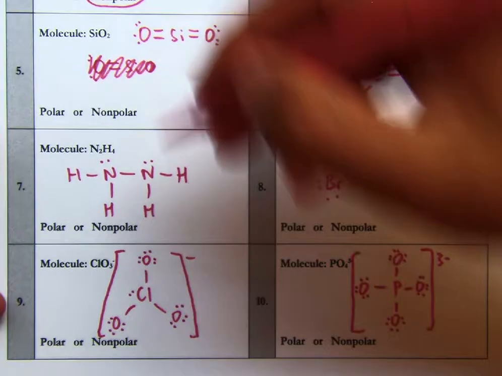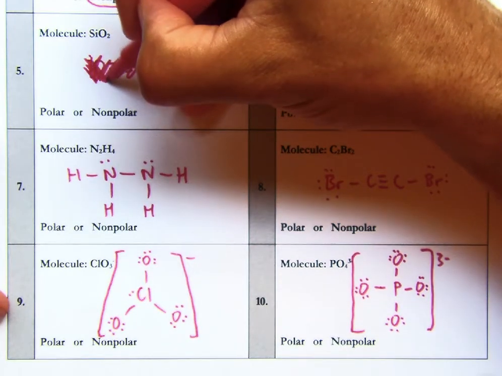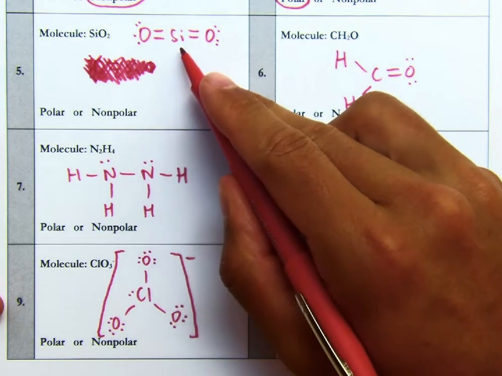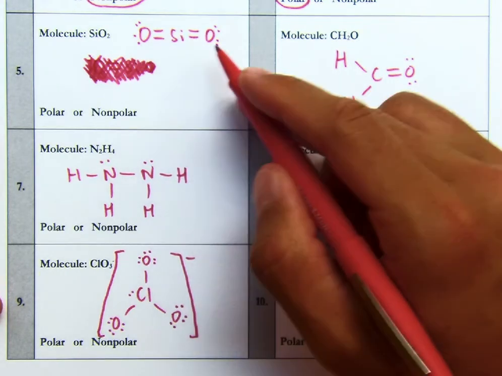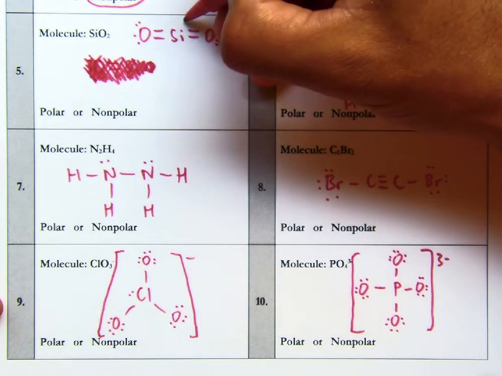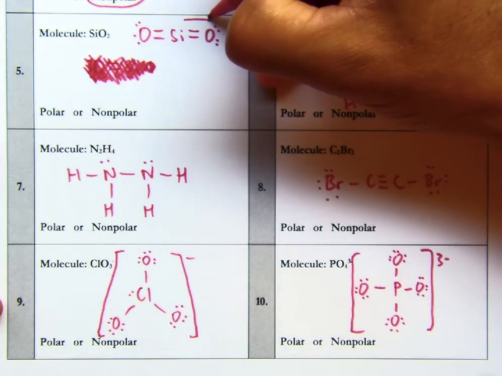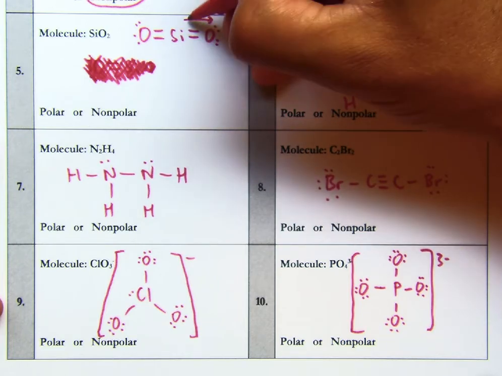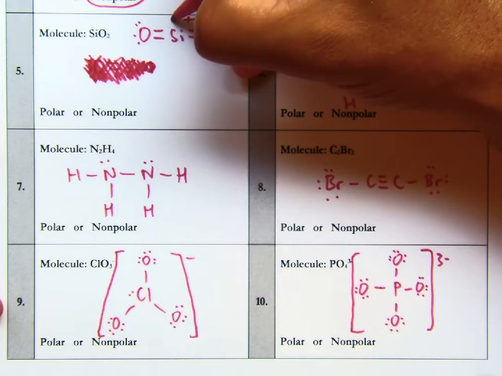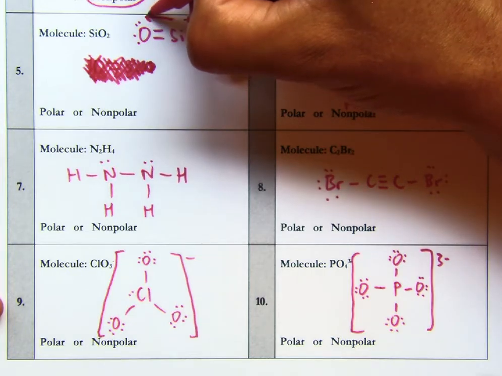All right, so predicting the polarity of the molecule. If you look at this, oxygen is more electronegative than silicon is, so these will be pulled out towards the oxygen somewhat, but this is a linear molecule, and on the opposite side you have the exact same thing happening.